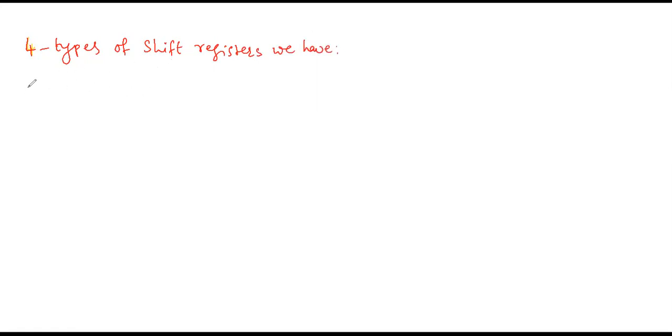First one is serial in, serial out, SISO. Serial in, serial out shift register. Second one is serial in, parallel out shift register.